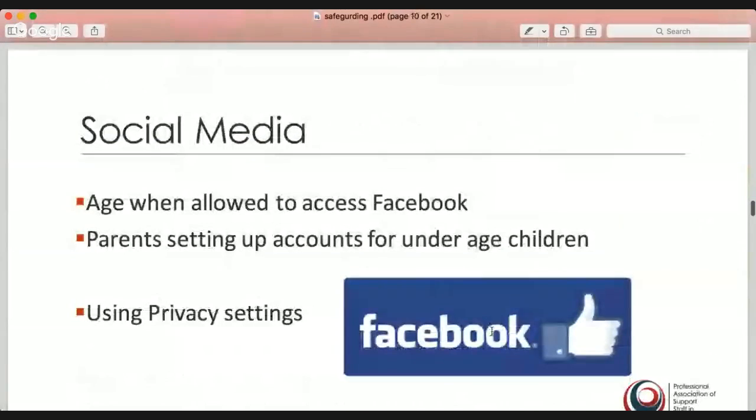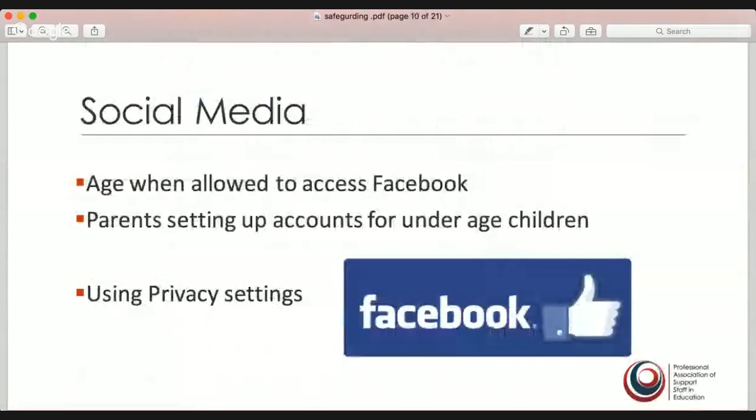So social media, a big, big area, isn't it? All young people are involved in social media, Facebook being about the biggest. But there are others: tweeting and Instagram are big, aren't they? And there are many, many other social media sites that young people access. But there are restrictions.